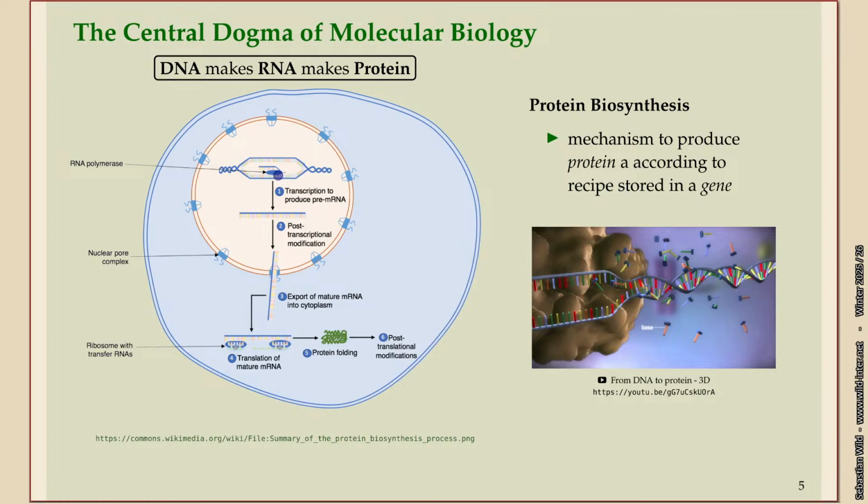So you unwind the 2 strands, you make a copy of a certain piece, and we'll come back to how on earth this molecule knows where to start and stop. That produces a copy that is single-stranded. It's chemically a little different than DNA, it's RNA, but they're very, very similar. And the copy, for all intents and purposes of our understanding, is just a digital copy, exactly identical in the content.